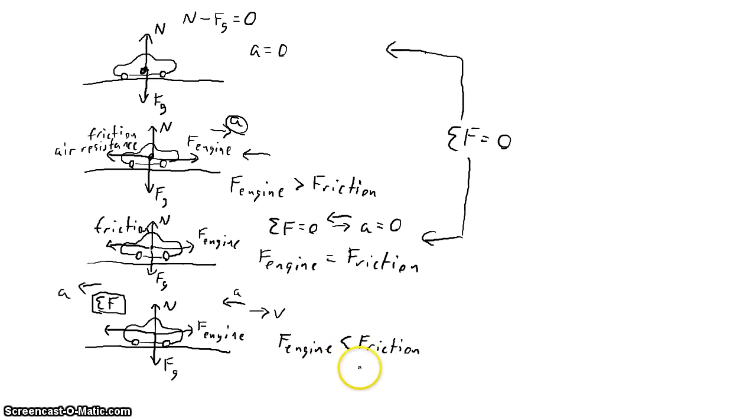Another way that the car might be slowing down is if you're applying the brakes, in which case you're not touching the gas pedal at all. In that case, once again, still have the forces of gravity and the normal force. But in this case, if your foot is completely off the gas pedal, there is no longer any force to the right.